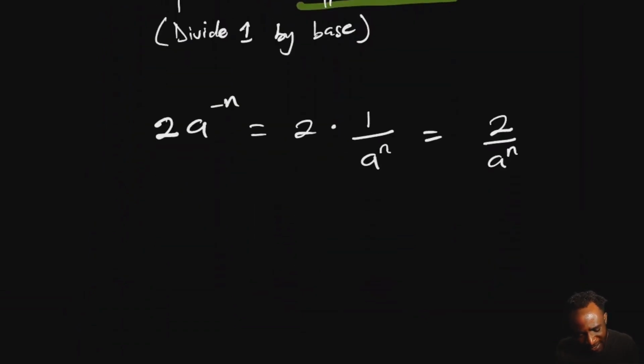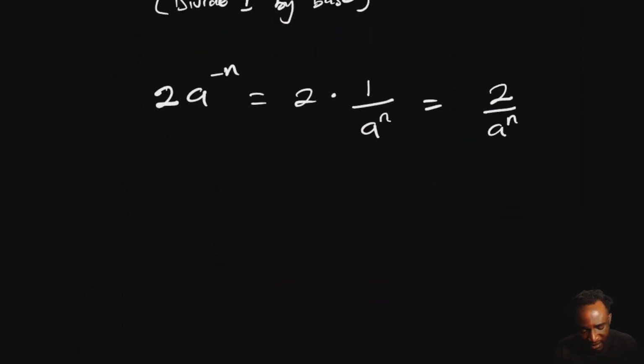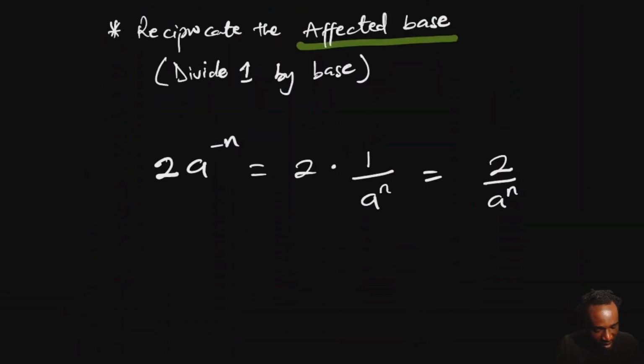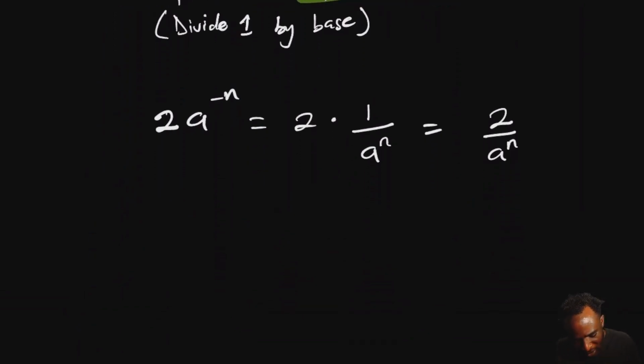So let's just pick a normal example without any differentiation in affected and unaffected bases. I just wanted to show you guys what an affected base was and what an unaffected base also is. So let's take another example. Maybe I'll just take a raised to the power minus 3. In this case, what are we going to do? You guessed right. We are going to write 1, reciprocating this time round.